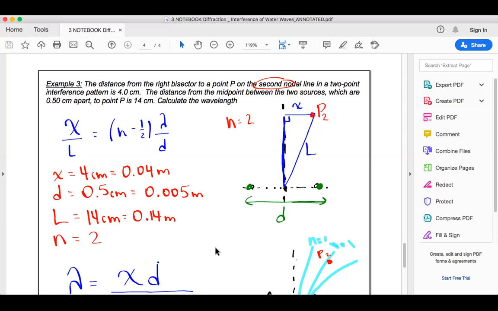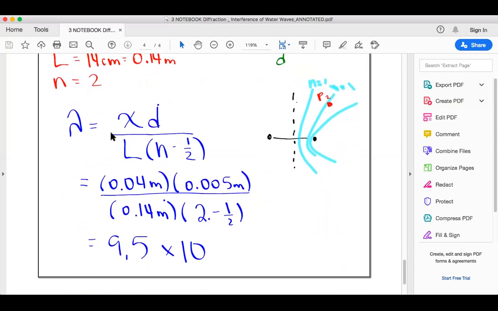So we have those givens, and it's a simple rearrangement for this equation, and you just plug in, and we get 9.5 times 10 to the power of, oh dear, I'm not sure why that didn't show up, but let me quickly calculate it. So it should be 9.5 times 10 to the minus 2 centimeters.